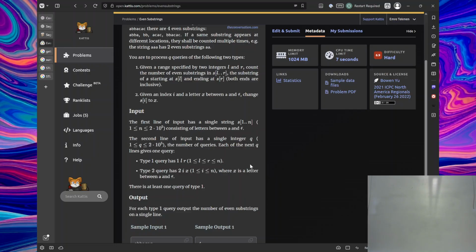If you remember from the time complexity checklist, anything above 10 to the 5 is going to have to be O(n log n). So we're looking for an n log n pass over the string, and then log n for each query. We want 2 n log n passes.